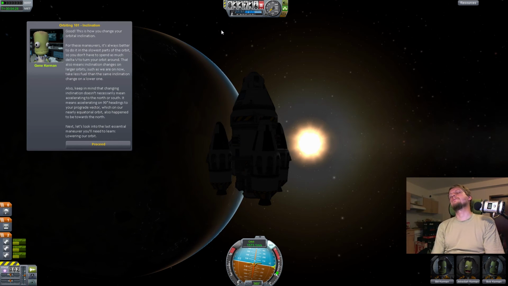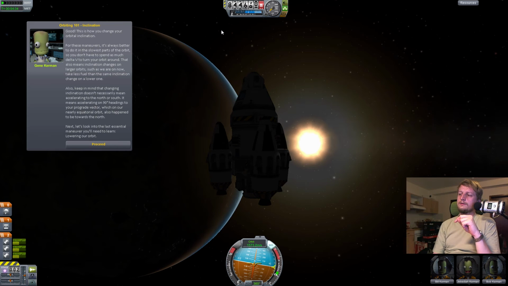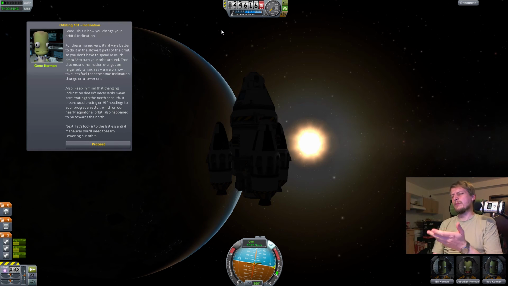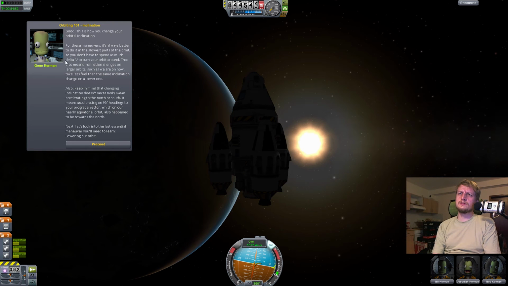Actually, I can follow, yes. If I imagine the speed vectors in the orbit, it doesn't. But in the apoapsis, in the slower part of the orbit, you don't have to change much delta V, but you have to travel a longer distance to change the inclination by the same degree, so it really doesn't matter, does it?